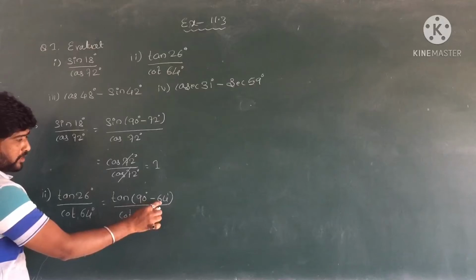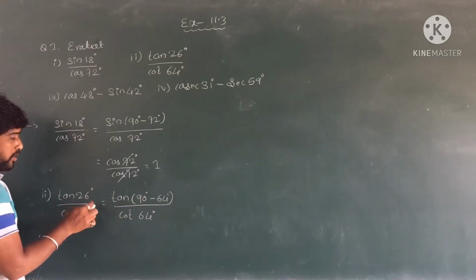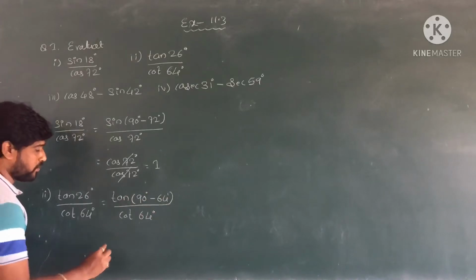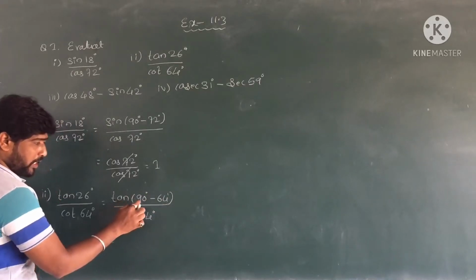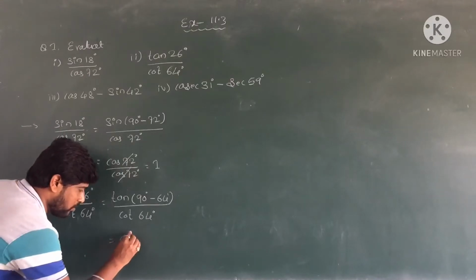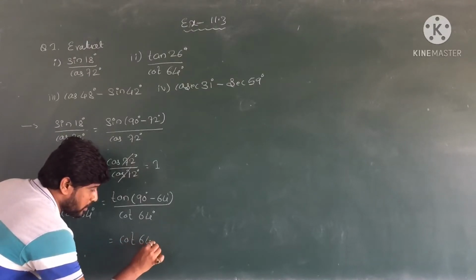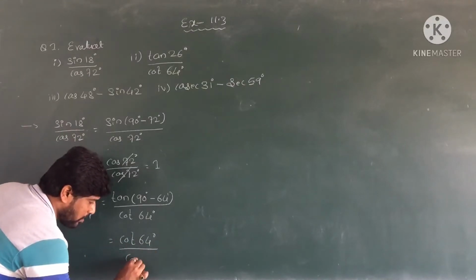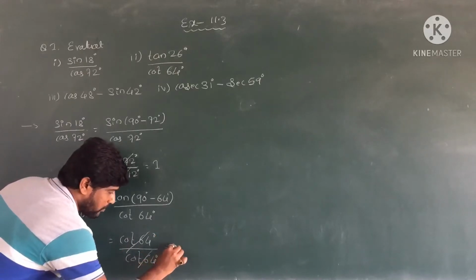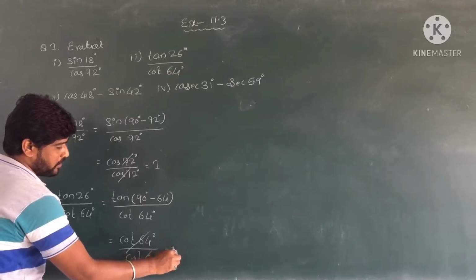So 90 minus 64 is 26. So this 26 we can rewrite as 90 minus 64. Now we know that tan(90 minus theta) is cot theta. So here we write cot 64 divided by cot 64. Both get cancelled, we get 1.